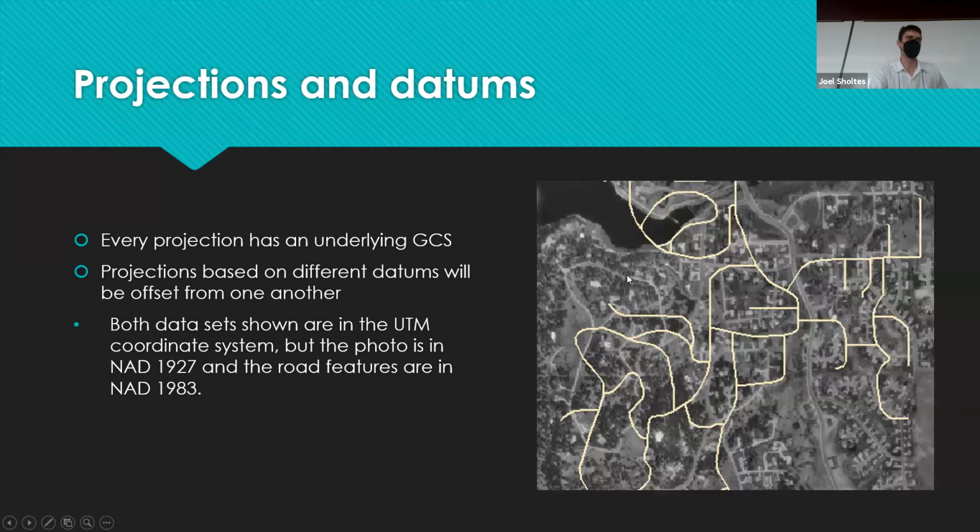What we're seeing here is a road network based on the North American Datum of 1927, and here's the imagery based on the more updated one. You can see there's a big offset, and that's pretty significant. We're talking about hundreds of feet of offset. So it's really important to understand what horizontal datum is behind your projection, your coordinate system.